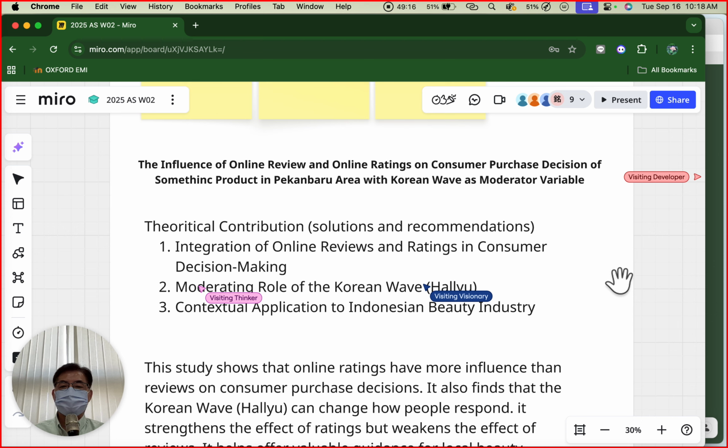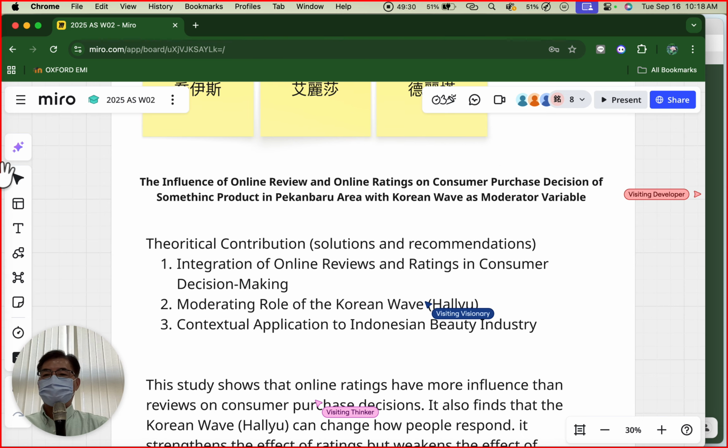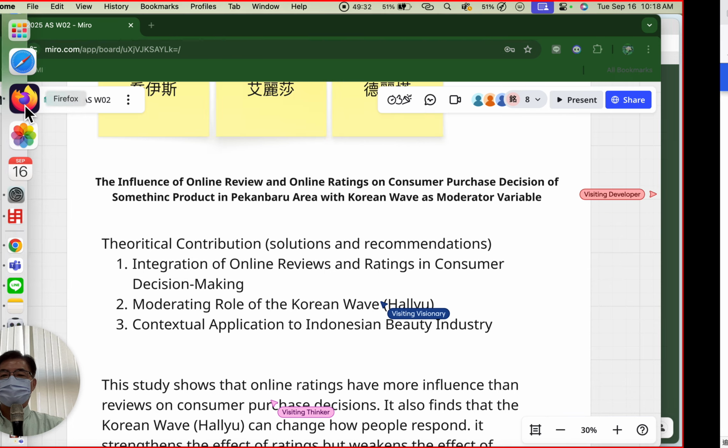Okay, good. That's pretty good. So you have clearly identified the variables in the article. So we have a moderator called Korean Wave. That will be probably the first exercise.